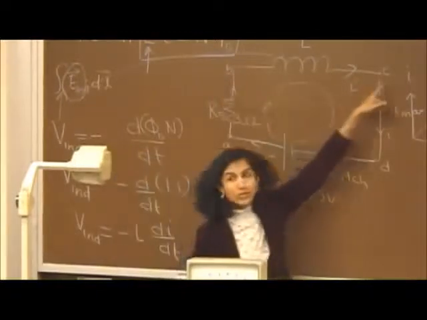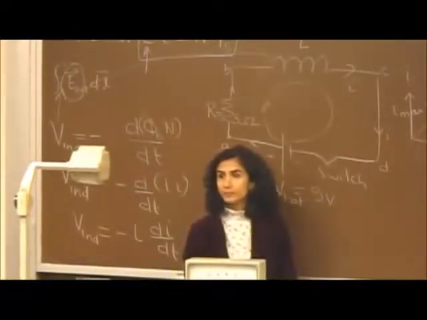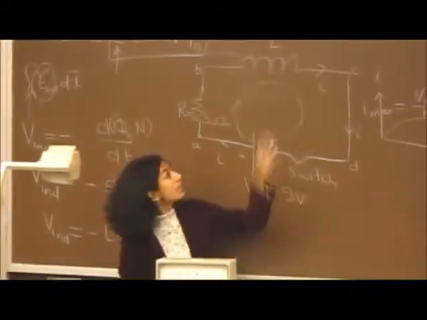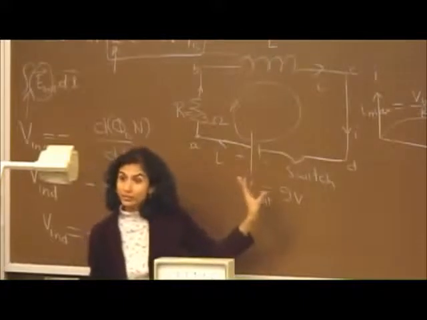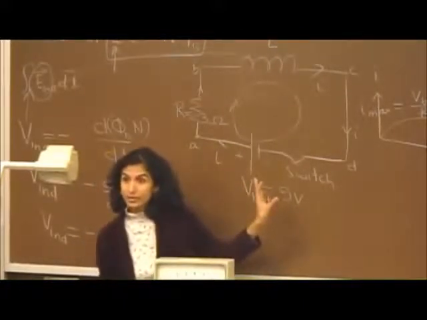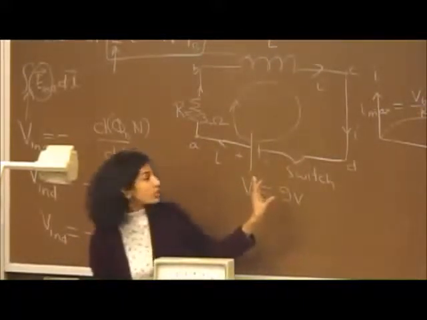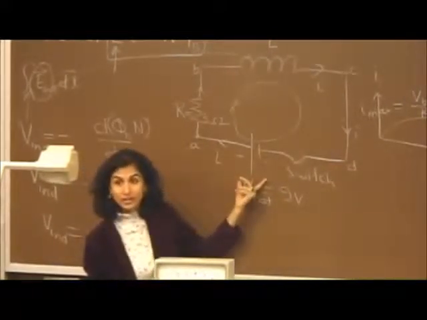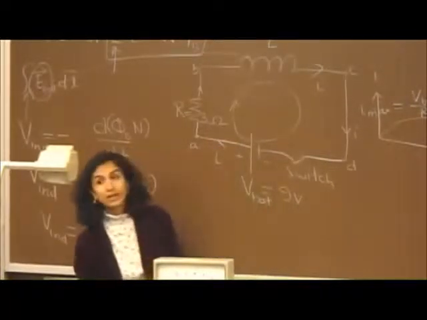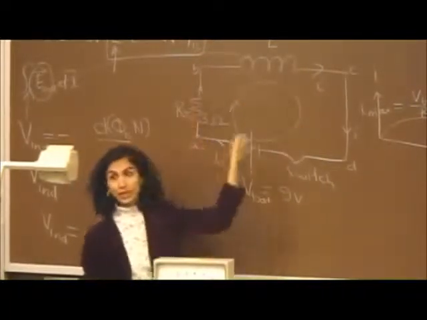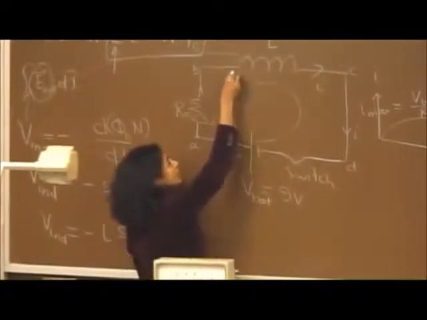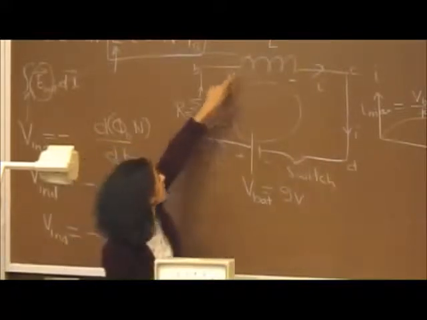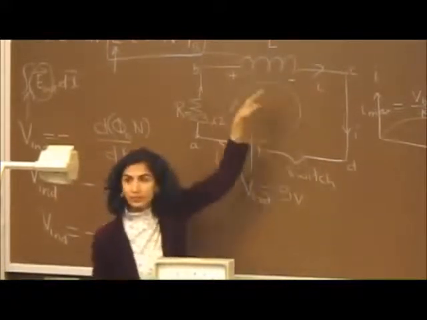Okay, what about going from B to C? The thing is, the induced EMF is opposing the battery EMF, isn't that true? So the induced EMF is not in the same direction as the battery EMF. So which way should it be? If this thing is trying to send current this way, shouldn't it be as though there is a positive generated at this end and negative generated at this end, so that the induced current is flowing this way?